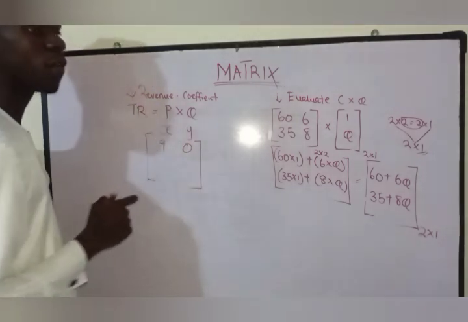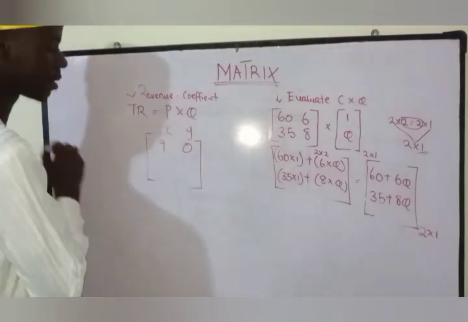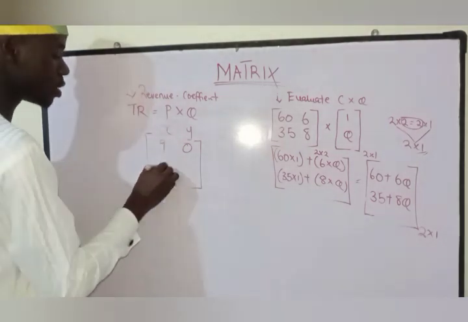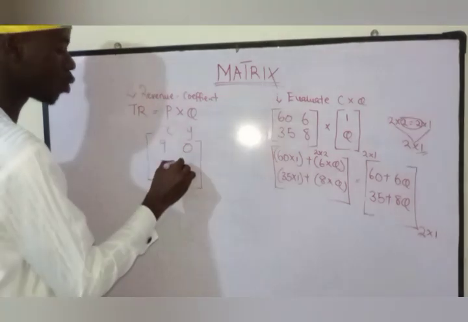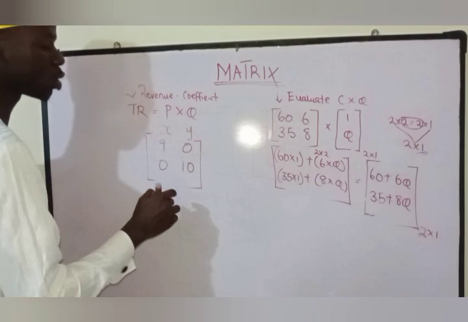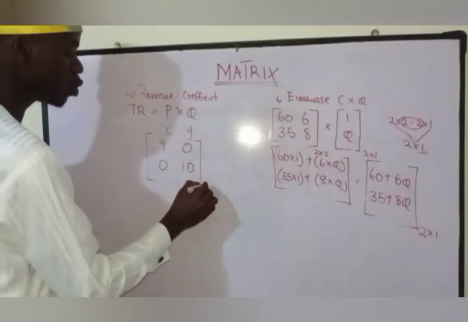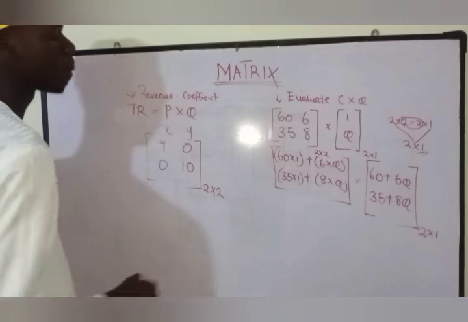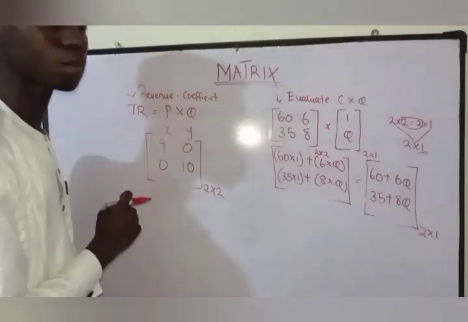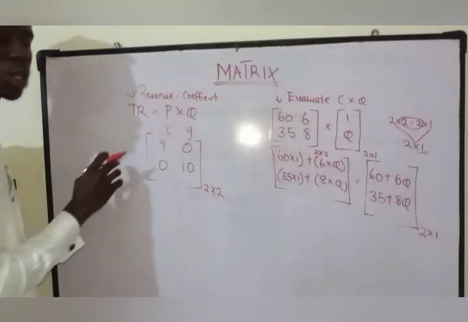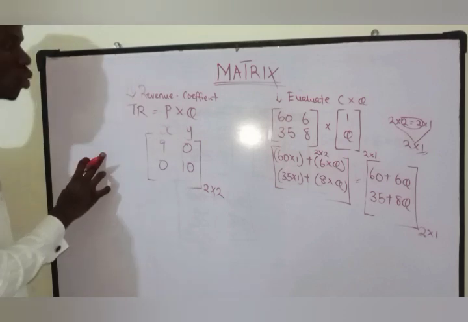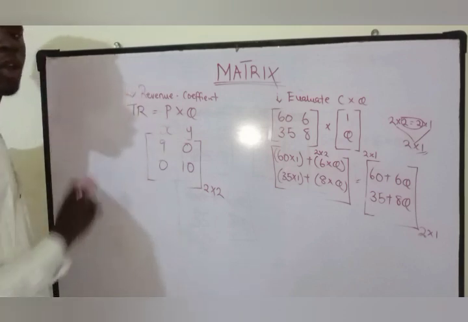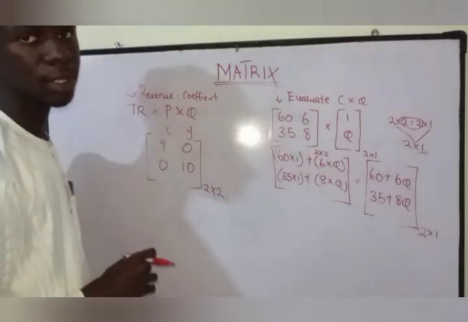The sales for Y is 10, which means X will be equal to 0, and Y will be equal to 10. So this is a 2 by 2 matrix. This is what you were asked to do in the second requirement.